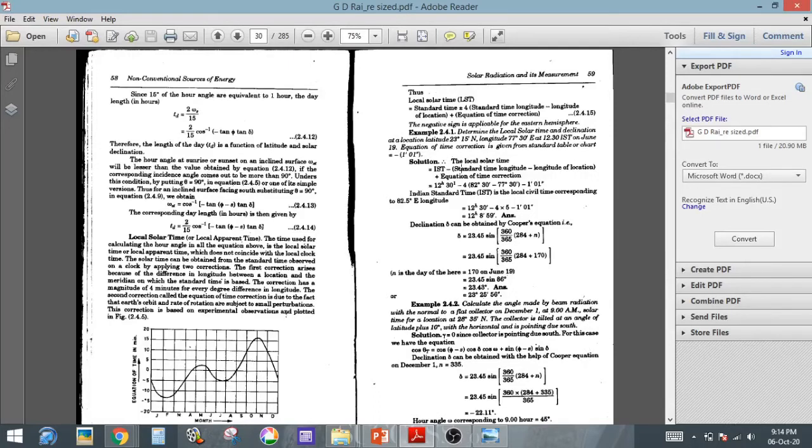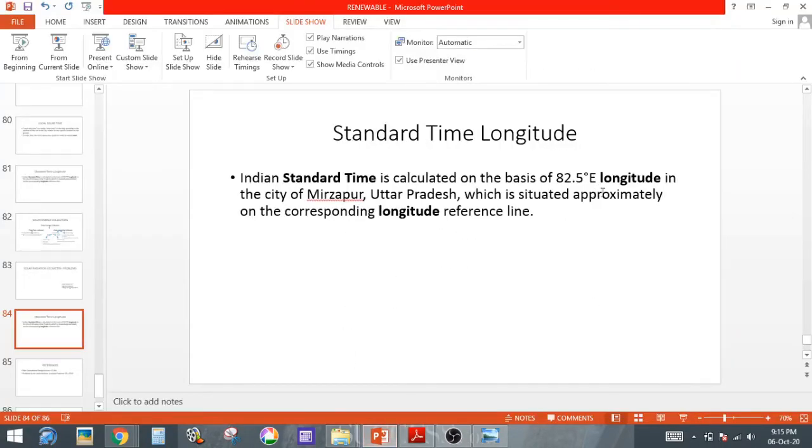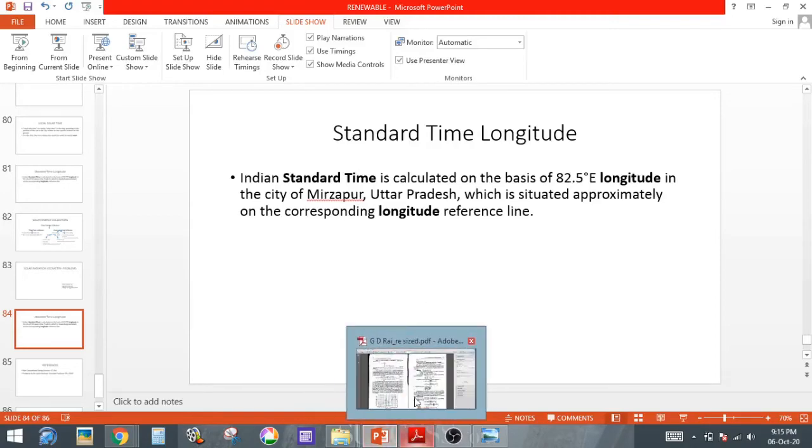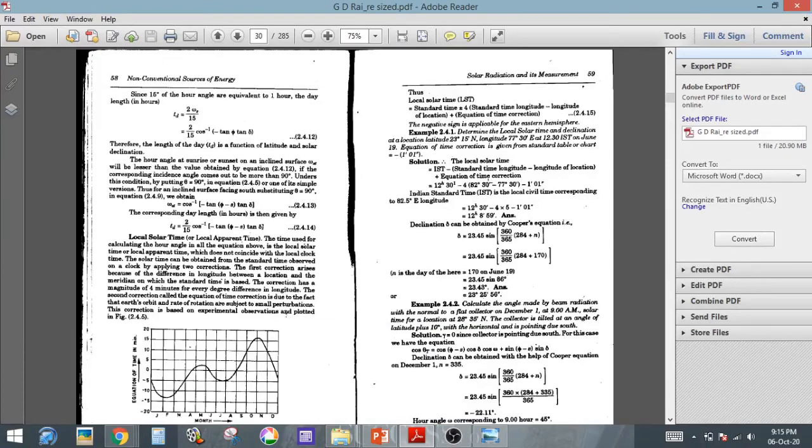Here standard time is given as 12 hour 30 minutes minus, this negative sign is applicable for the eastern hemisphere, 4 into standard time longitude, that I have already mentioned, 82 degree 30 minute, in the city of Mirzapur, Uttar Pradesh, 82 degree 30 minute minus longitude of the location is 77 degree 30 minutes, minus equation of time correction.